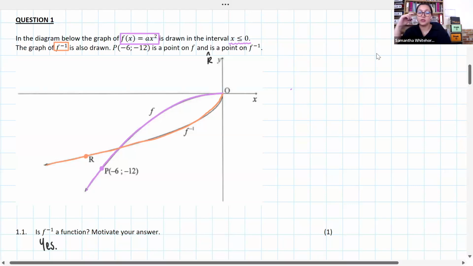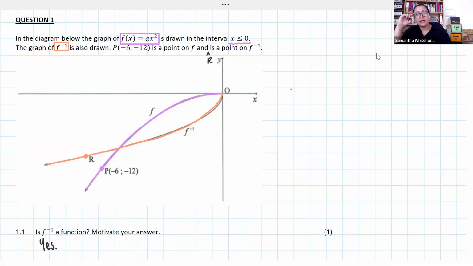It passes our vertical line test. Now, when you are giving your reason, try and relate it back to that definition of the function that we spoke about, the fact that for one input, we get one output. If it wasn't a function, for one input, we could get multiple outputs. So we always try and say for every x value, there is only one y value.